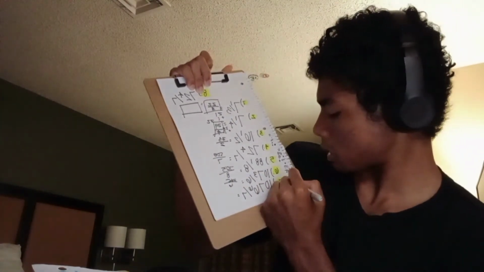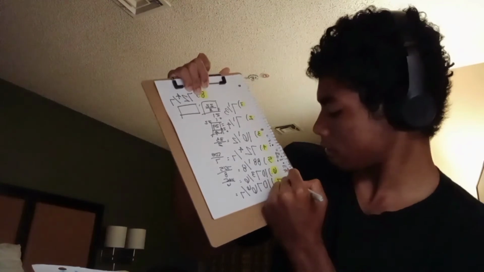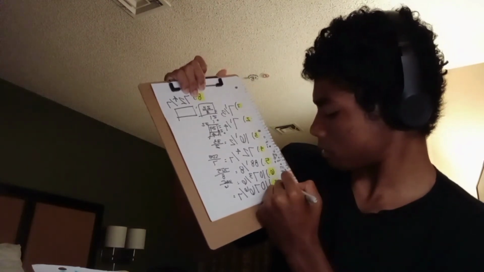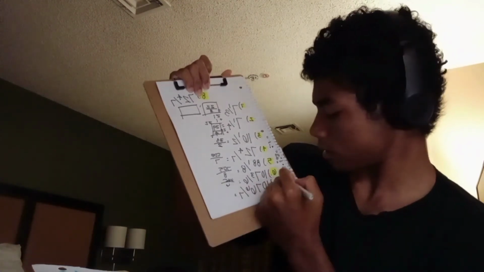Now you got 1,076 and 6/7. 1,076 times 7, because it's the denominator again.